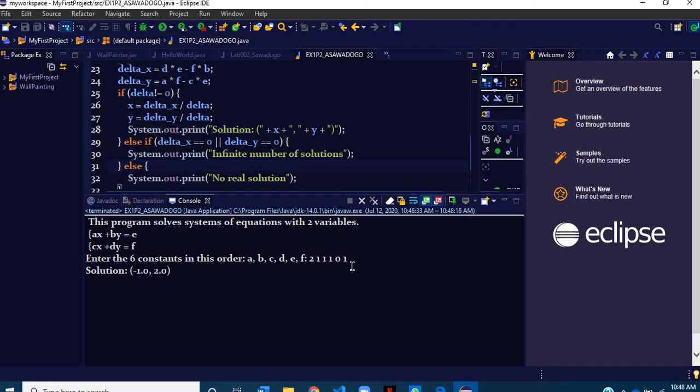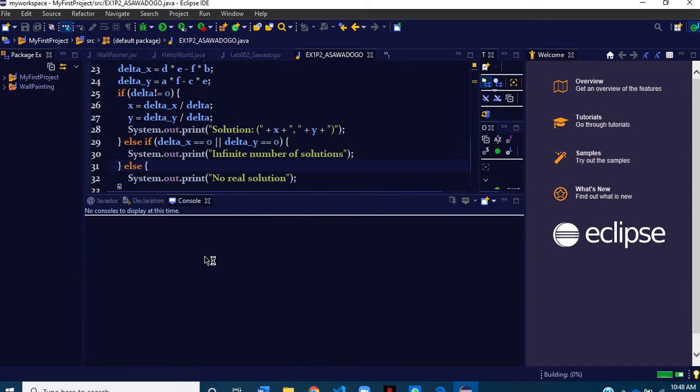This is just to check the accuracy, but anything I type in here should give me a solution. And I took care of no real solution and infinite number of solutions.